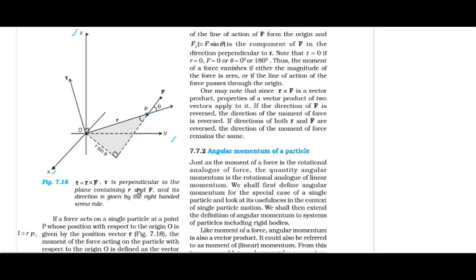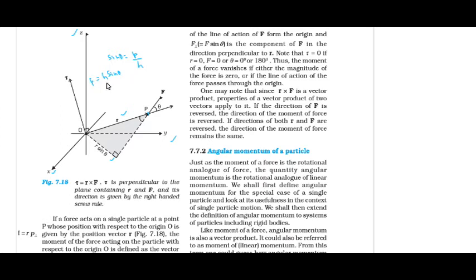And one more thing, we can find this value by a trigonometric rule. Sine theta is equal to perpendicular by hypotenuse, so perpendicular is equal to hypotenuse into sine theta.